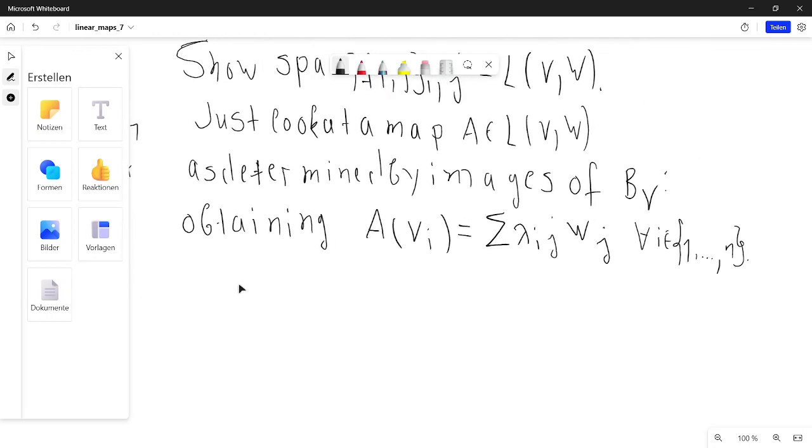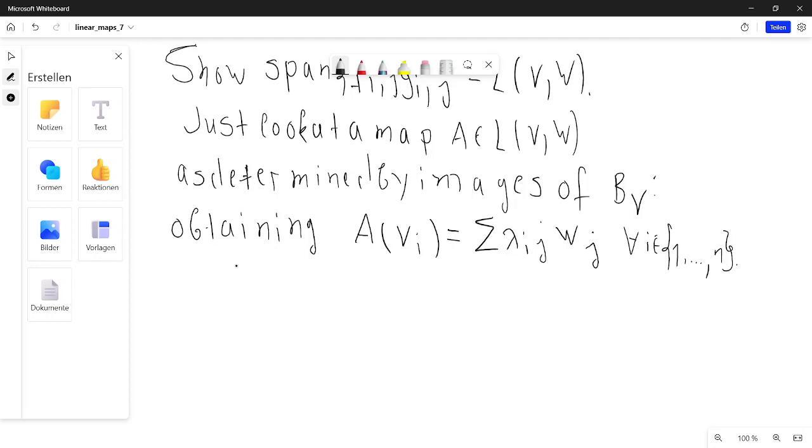Just look at this map, it is determined by its images. Then we get A is equal to the sum of lambda ij f ij.